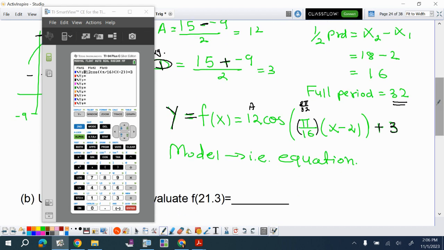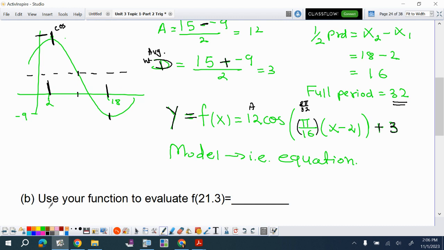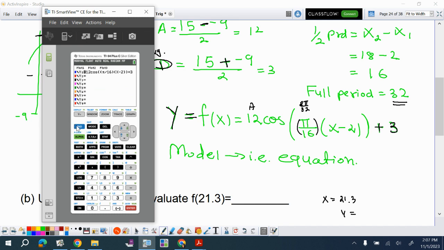Now let's check what we have to find. This says use your function to evaluate f of 21.3, which means x is equal to 21.3. What is y? And we have a very intelligent calculator. So we have to come back to the home screen.